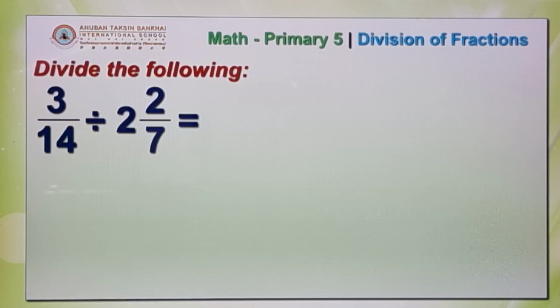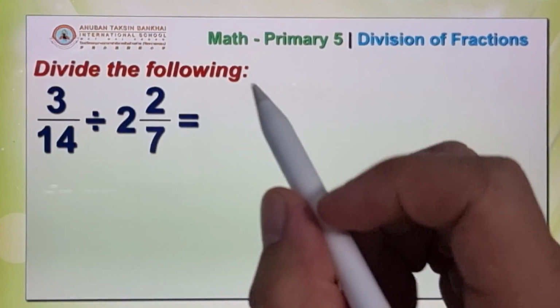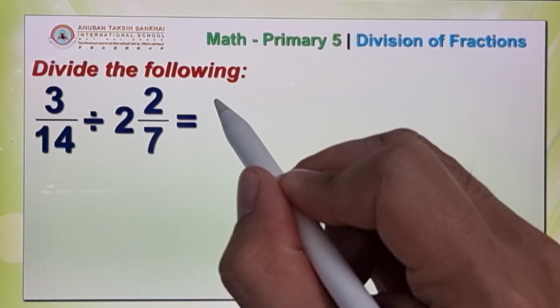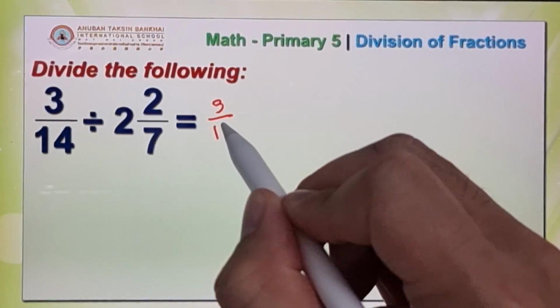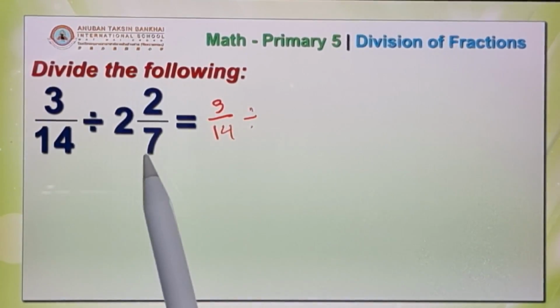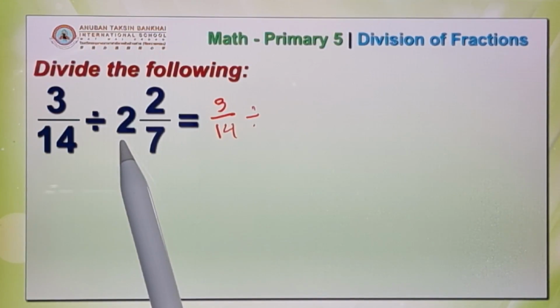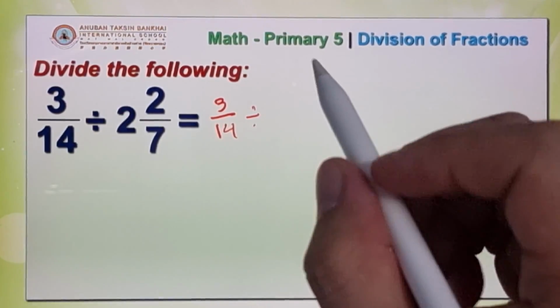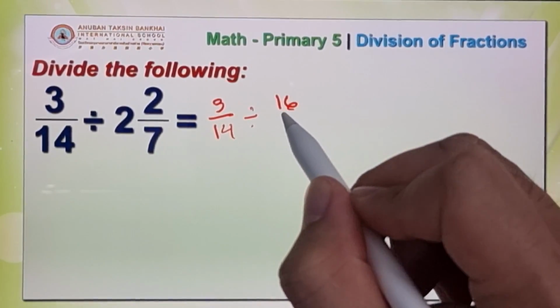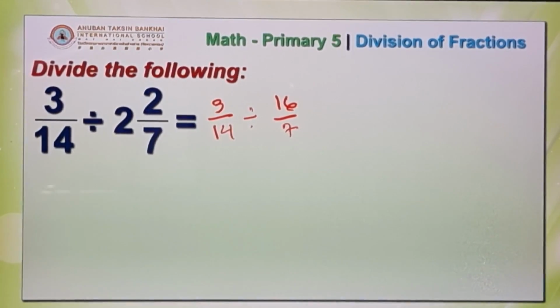So let's rewrite first our number sentence. Let's just copy this one first. 3 over 14 divided by, let's change this to improper fraction. 7 times 2, 14 plus 2, we have 16. So that is 16 over 7.